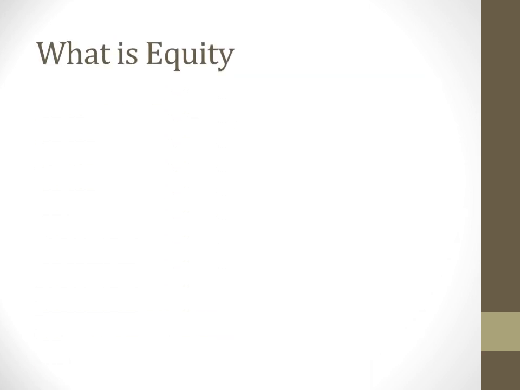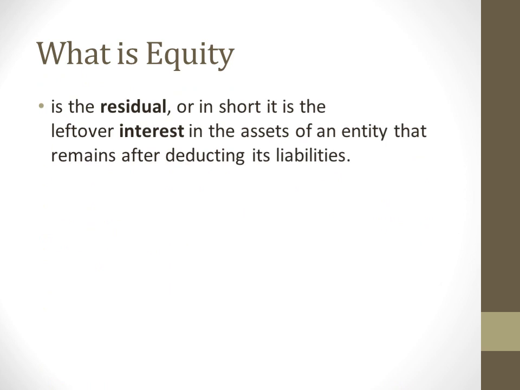Okay, next, so what is equity? Equity is known as the residual, or in short, it's the leftover interest in the assets of the entity that remain after deducting its liabilities. So it's also called net assets because there is this equation which says that assets less liabilities equals equity, or net equity.